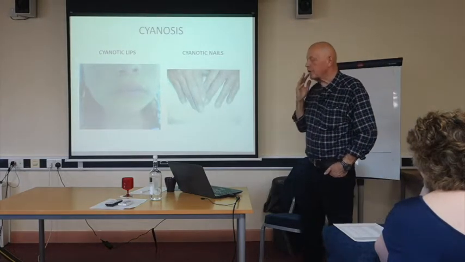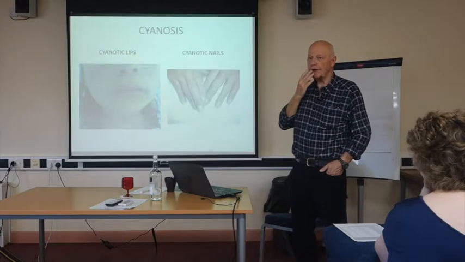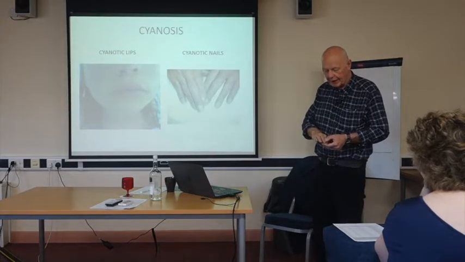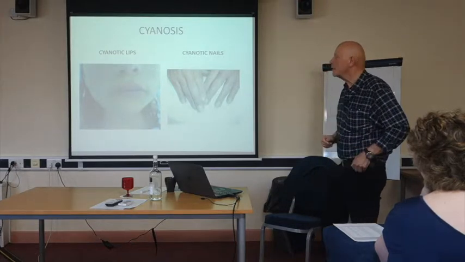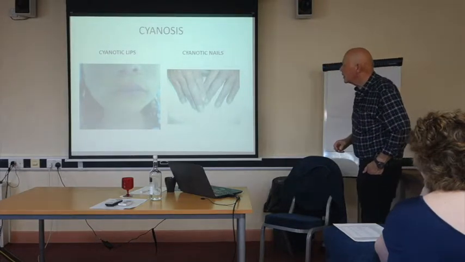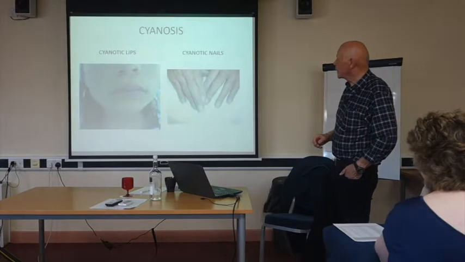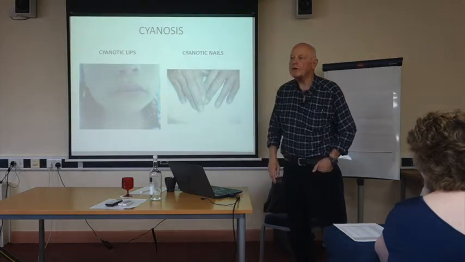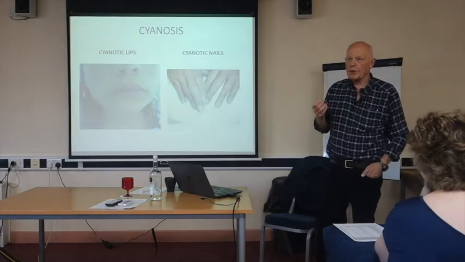It can often be seen in mucous membranes, around the lips, or around the nails, where you get a kind of window into the capillaries. And if you've got cyanosis, you might want to consider whether it's central or peripheral.